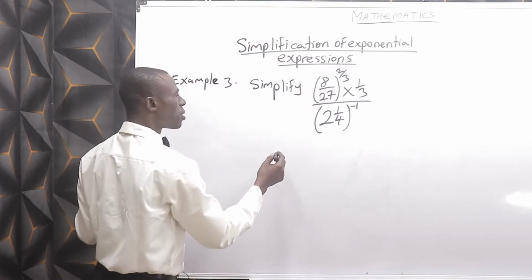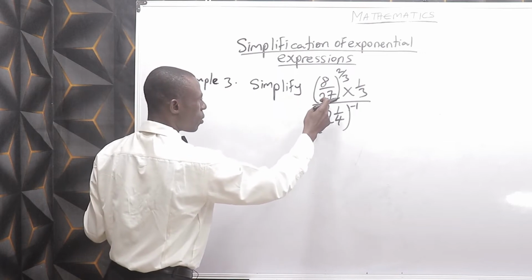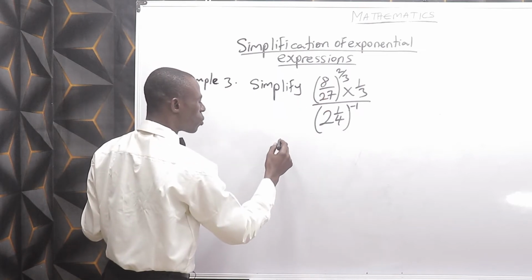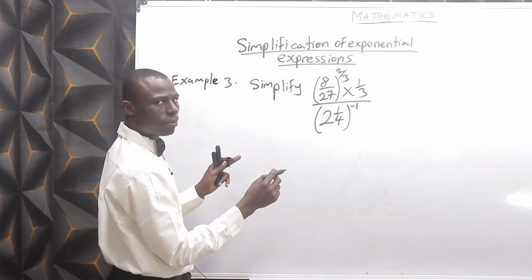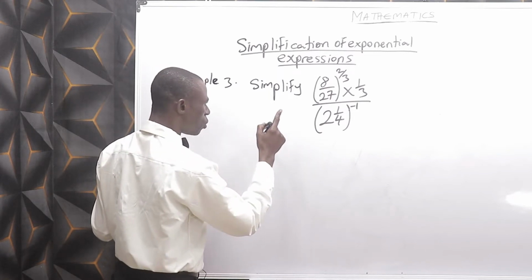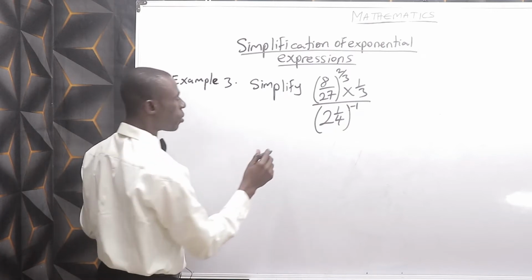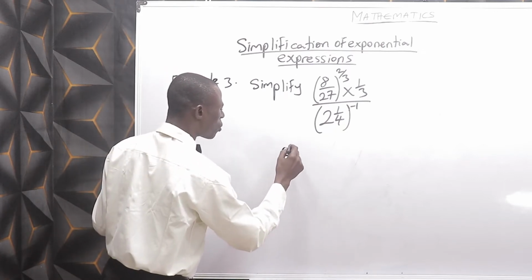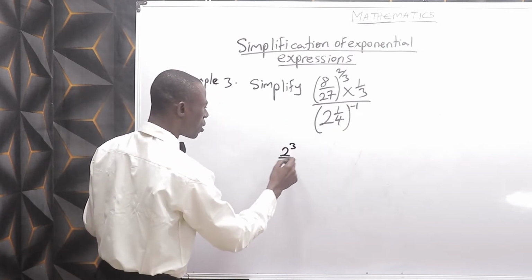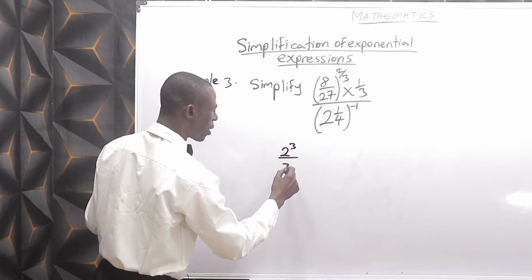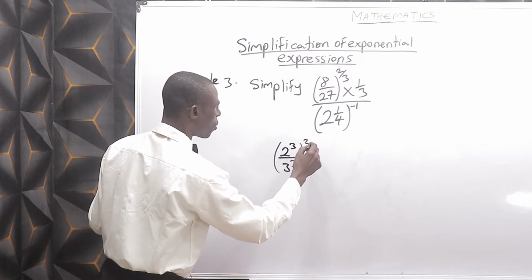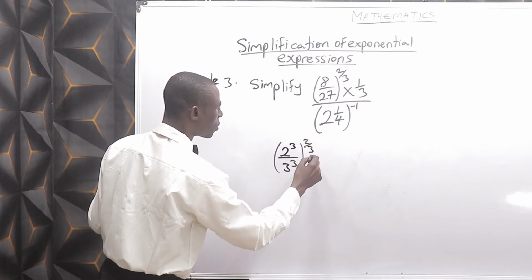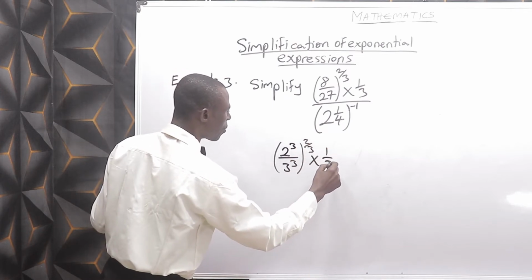To start with, 8 over 27 could be raised in power, each of them, the numerator and the denominator. So as 2 raised to power 3, that is for 8. For 27, 3 raised to power 3. Everything raised to power 2 over 3 times 1 over 3.